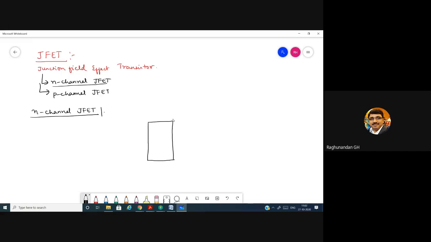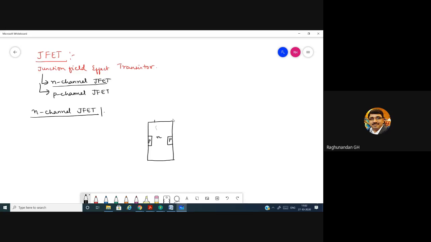If you are using N-channel JFET, you have to take an N-type slab. This is an N-type slab. To this, we are going to embed P-type material on either side of this. We are going to embed two P-type materials on either side of this.